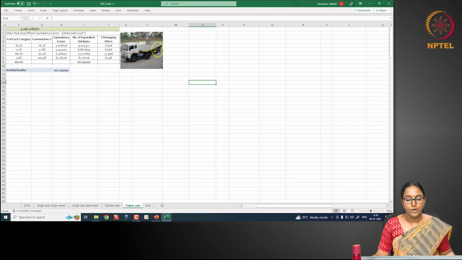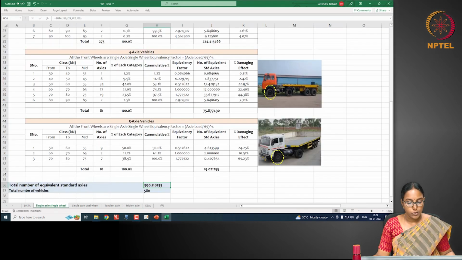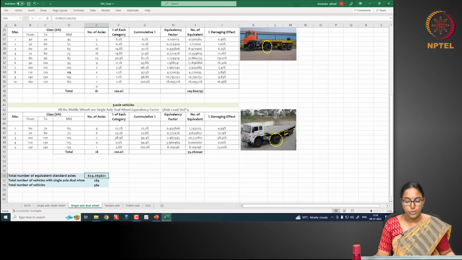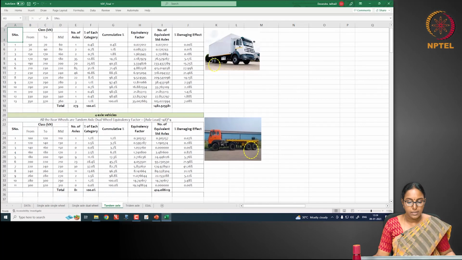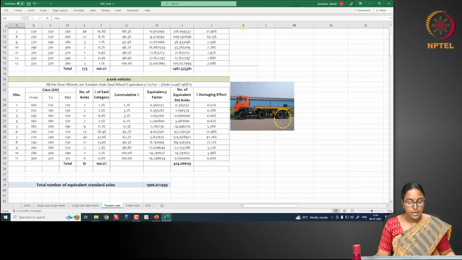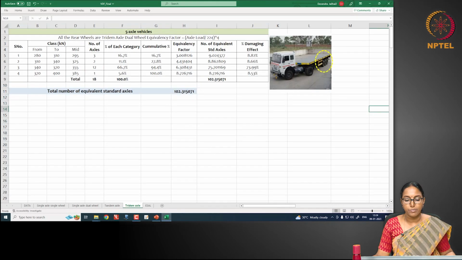Now we have seen that you have computed the total equivalent standard axles from the single axle single wheels, all the categories of loads put together, all the categories of vehicles, it comes to 390. Then for the single axle dual wheel, it comes to 624 as you see here. Then for the tandem axles from all the vehicle categories together, you get a damaging or the equivalent standard axles of 1906, and from the tridem axle you get a value of 102.